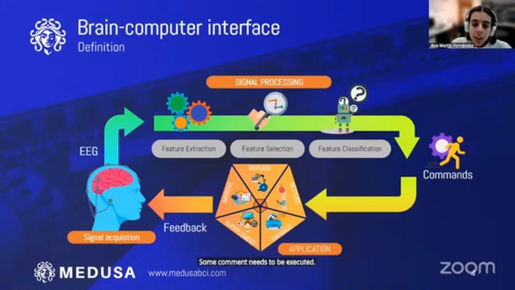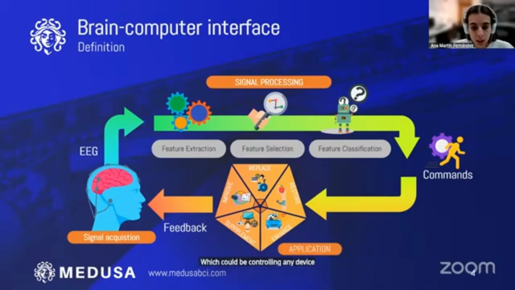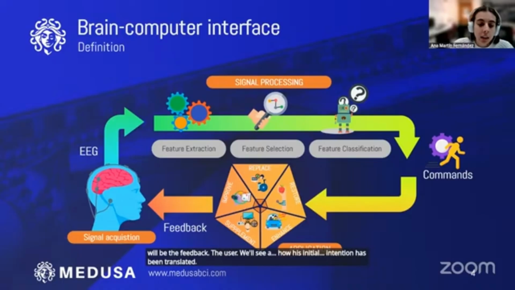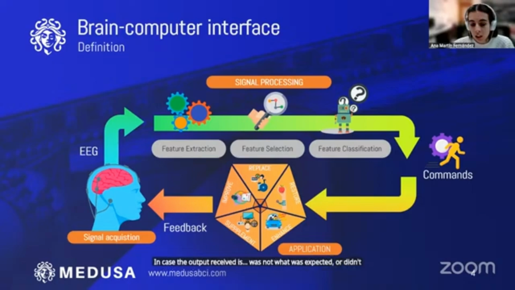That means the decoded signal will be translated into a specific action, which could be controlling any device or any application. Finally, the fourth and last stage of that closed loop is the feedback. The user will see how his initial intention has been translated, and this will enable users to refine their mental strategies in case the output received was not what was expected or didn't match the initial intention of the user.